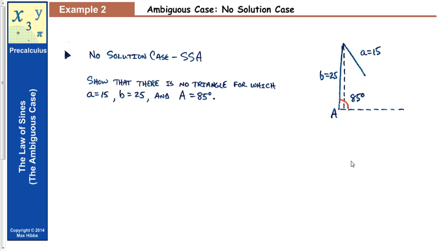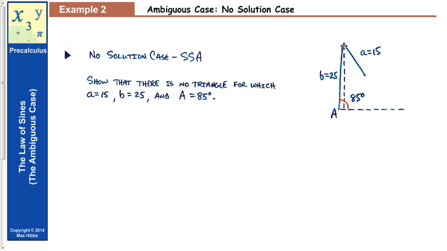I'm making this the horizontal, so the right angle would be out here someplace. And the side opposite A is 15. Now angle B we'll just assume is over here someplace, because I'm going to call this side B, so angle B would be over here.